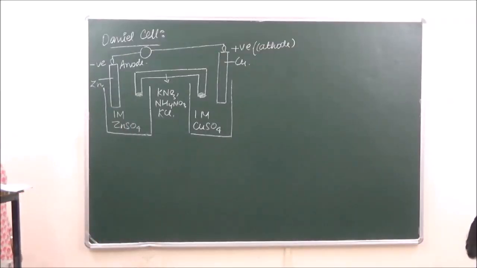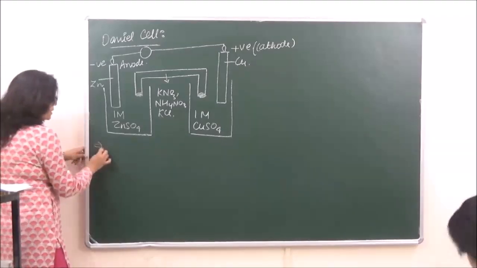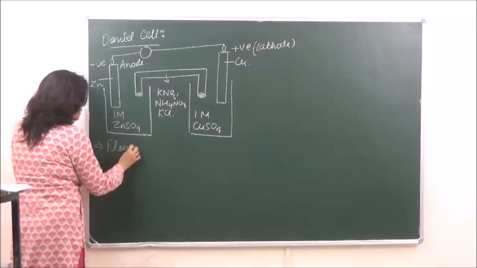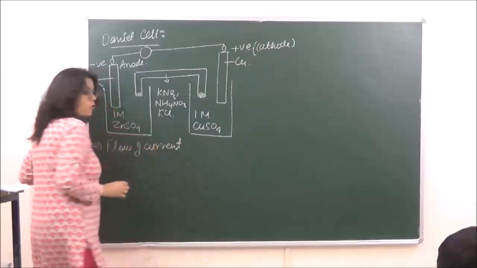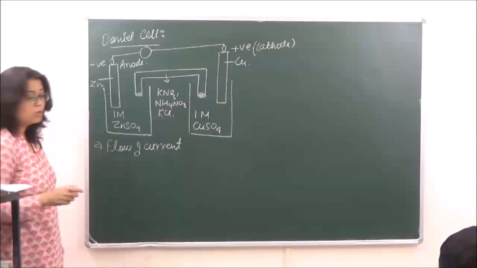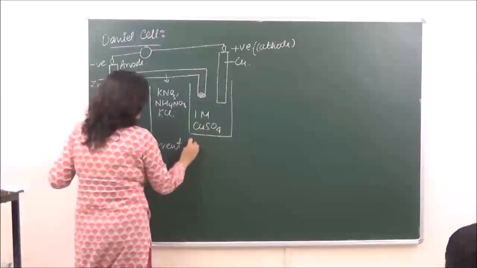Right? Now the observations which we see over here. The first observation which we are going to see in this is that there is a flow of current through the external circuit.